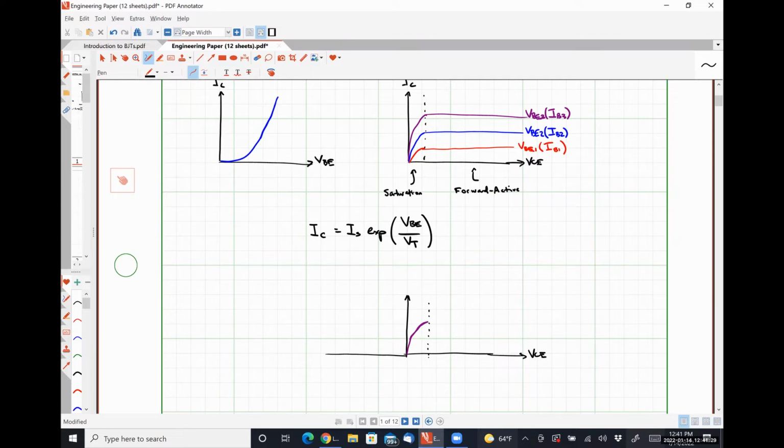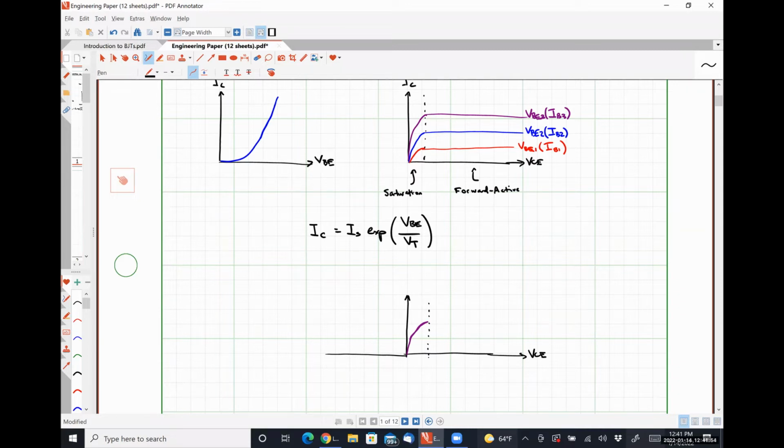So that's why the early effect will have absolutely nothing to do with the operation in the saturation region. The effect we're going to see here is fully dependent on the base collector junction being reverse biased, so it can't affect saturation region operation where the base collector junction is forward biased.